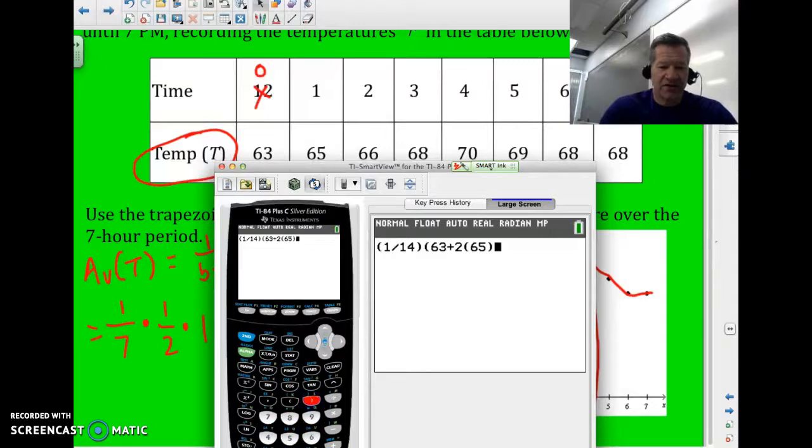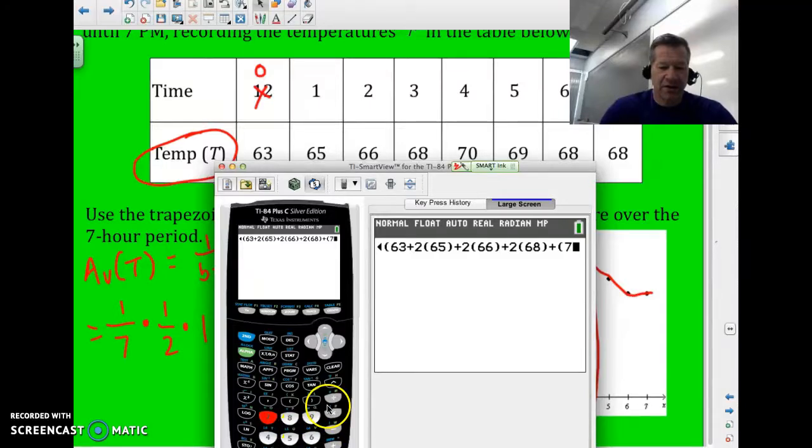I want to do this whole thing out just so we can see if our answer makes sense. Plus 2 times 66 plus 2 times 68. I actually could just multiply these by 2 in my head, but I'm committed now. 2 times 70.